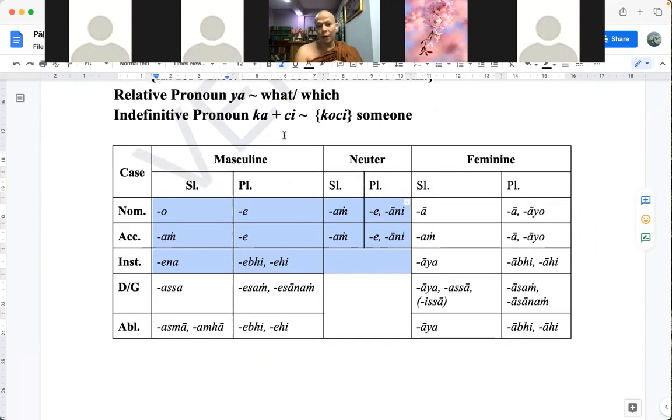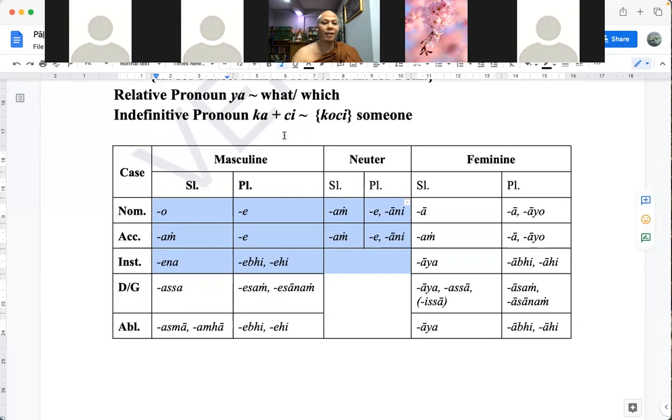One is as a pronoun, just who. But used together with another noun, we can use it as an adjective, meaning which man, which woman, which monastery. So the interrogative adverb is indeclinable, not declinable. Right.